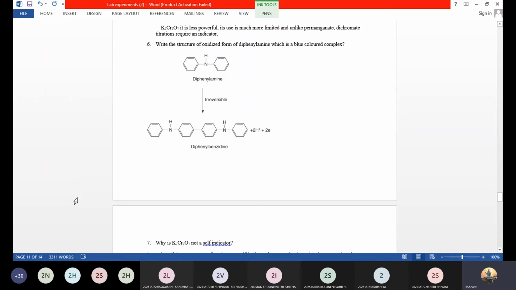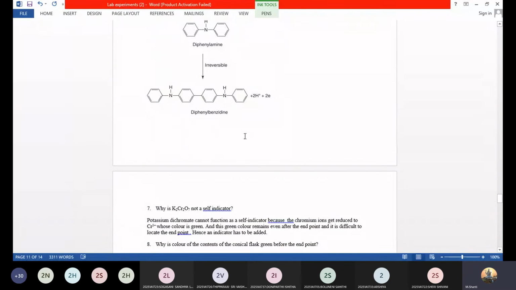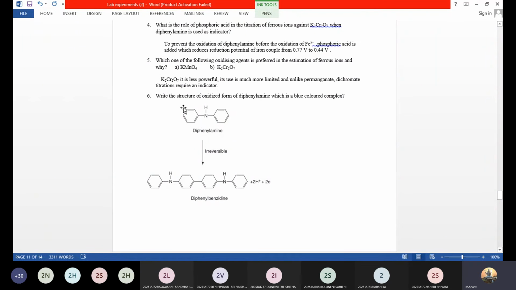Diphenylamine in its reduced form is colorless, whereas in its oxidized form diphenylbenzidine is blue color. That's why diphenylamine is not imparting any color the moment you add, but during the reaction when it gets oxidized, that gives diphenylbenzidine.